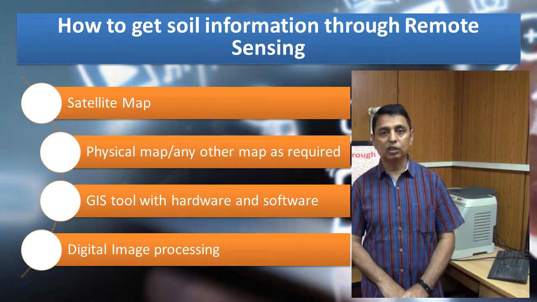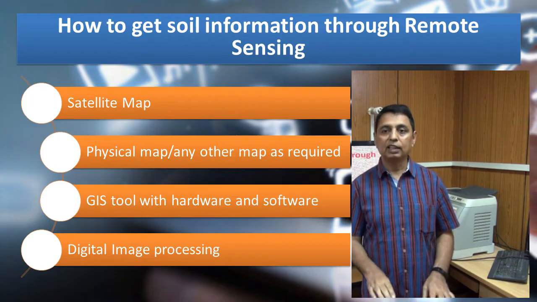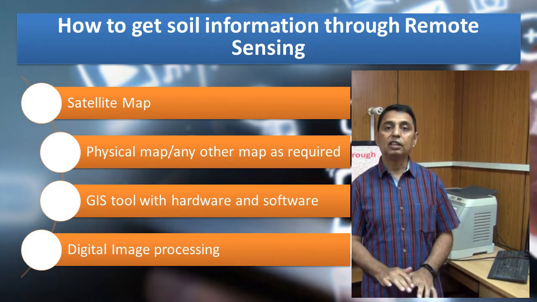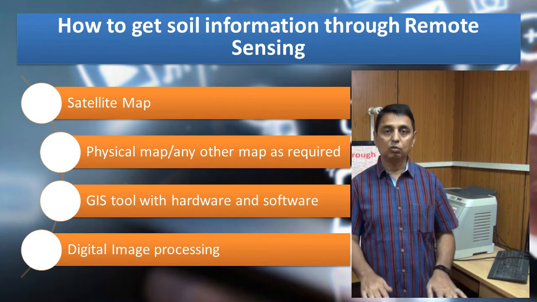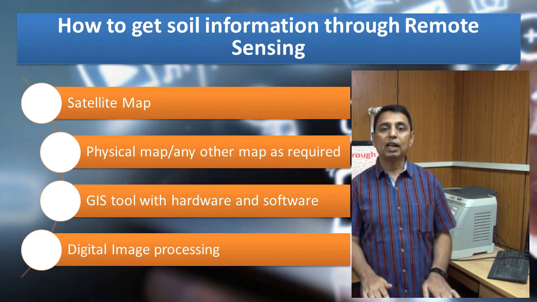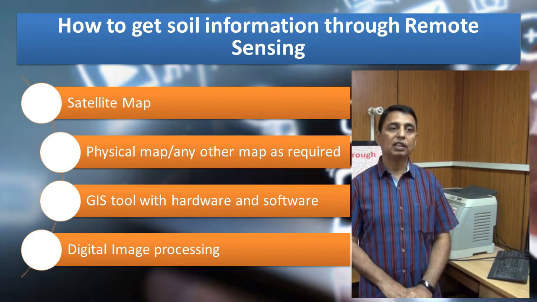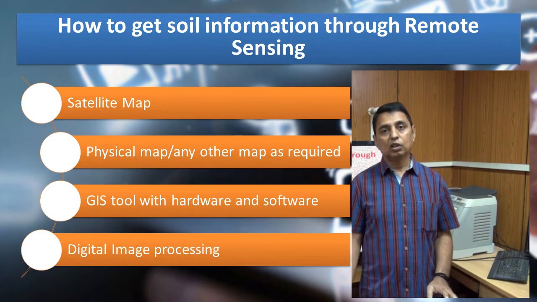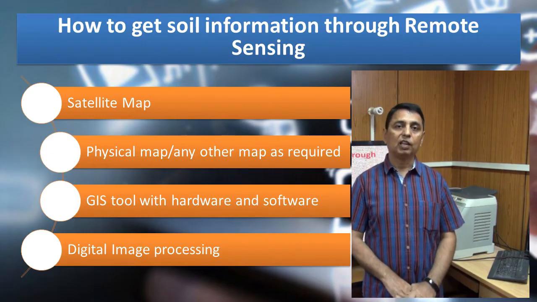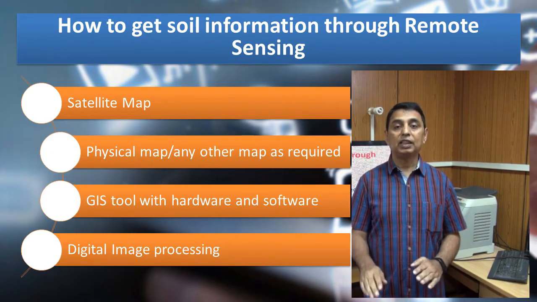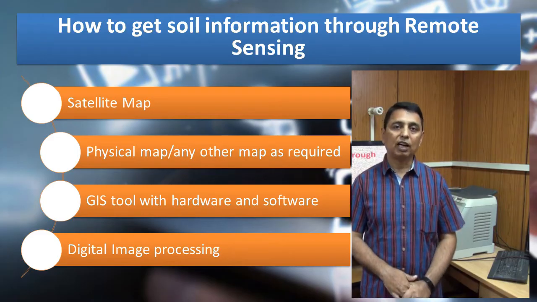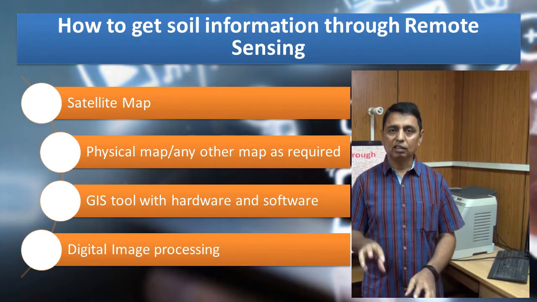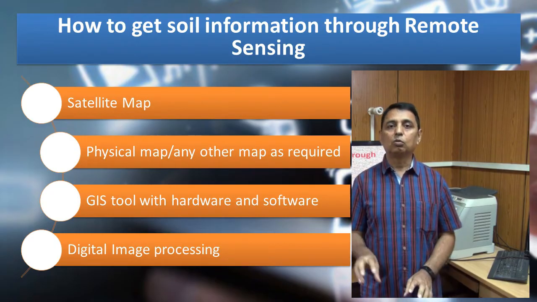In digital image processing, as we told earlier, rectification is essential. Like the earth is curved, so that error should be minimized. And if some boundary has to be put in, another map is also required. So map enhancement is also required. So in digital image processing we do many things to conclude for any object, any process.